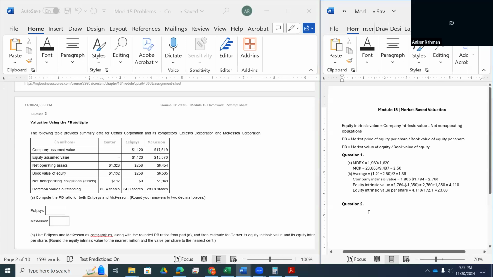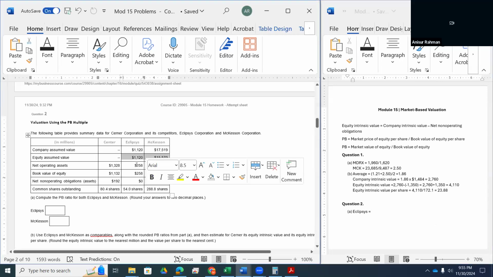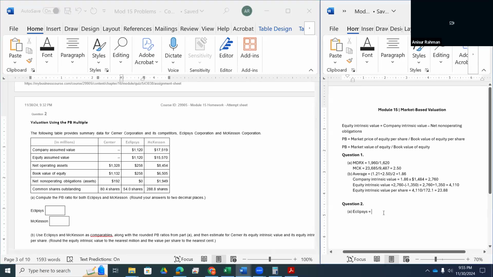So for A, Allscripts. So the PB will be, so equity assumed value. So that is our market value of equity, divided by our book value of equity.